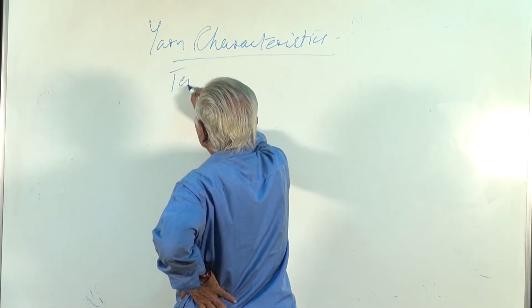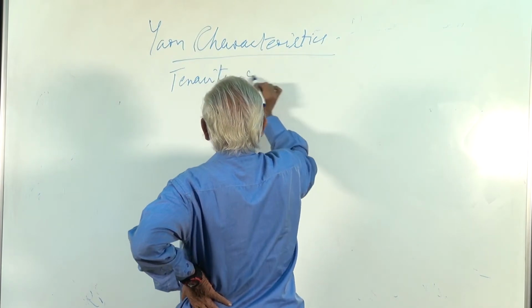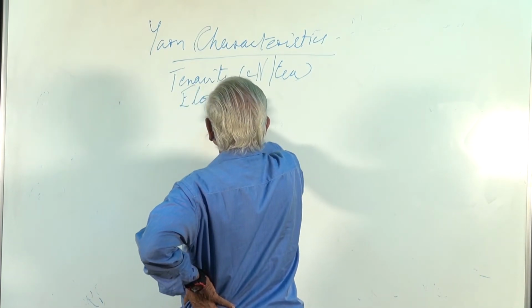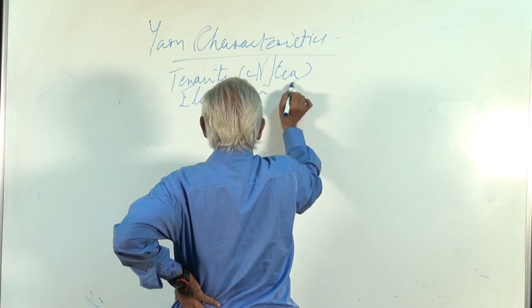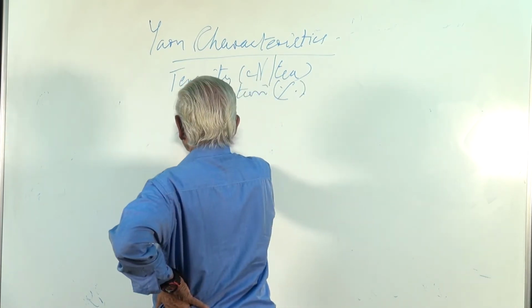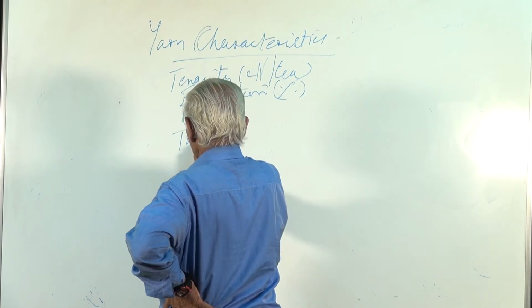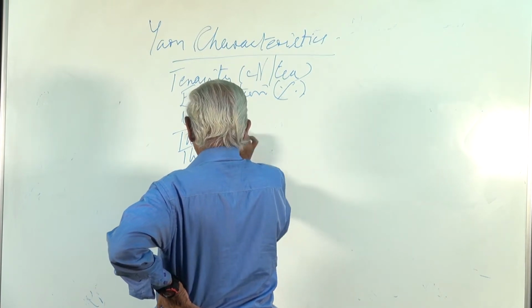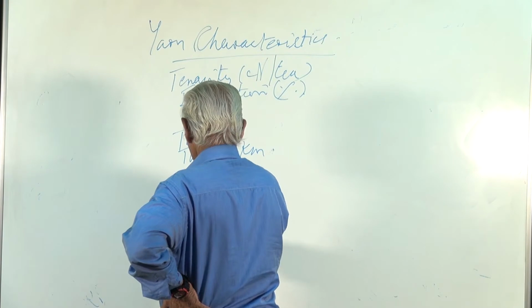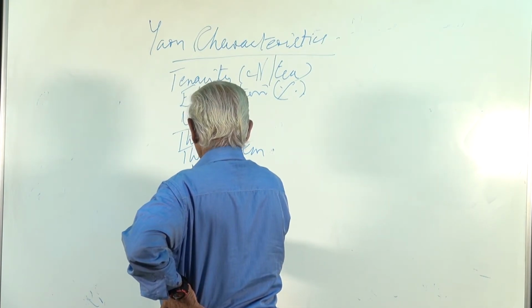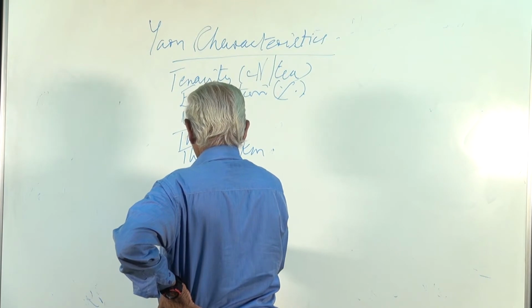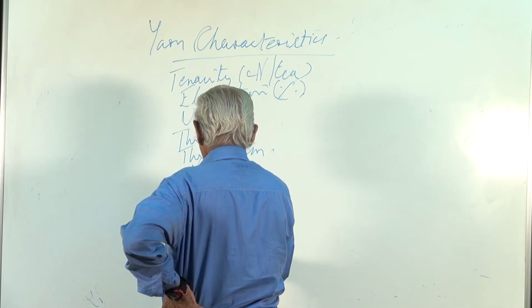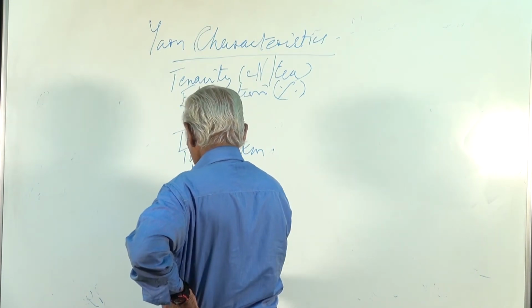Say tenacity in centinewton per tex, elongation in percentage, then U%, that is the uniformity, thin, thick, NEPS per kilometer, then abrasion resistance, then hairiness, friction.